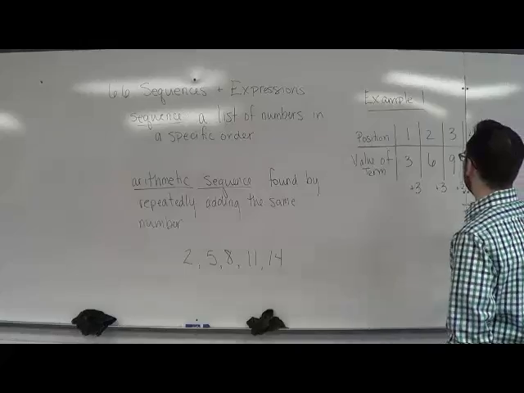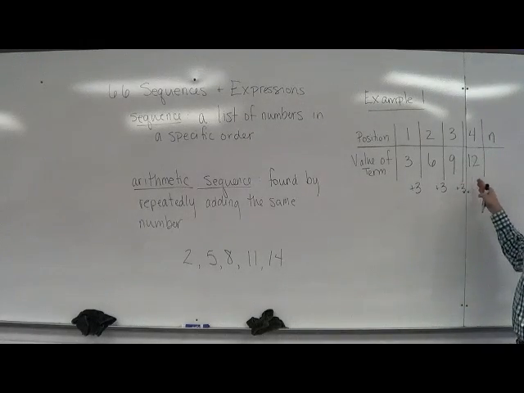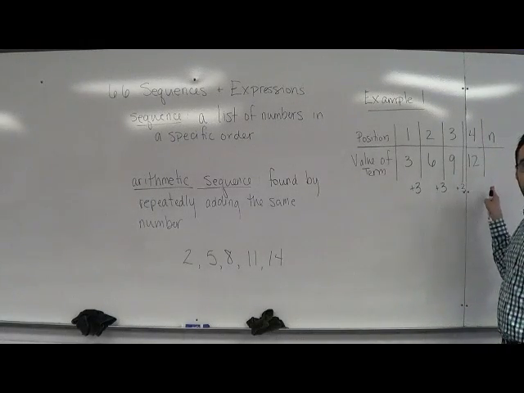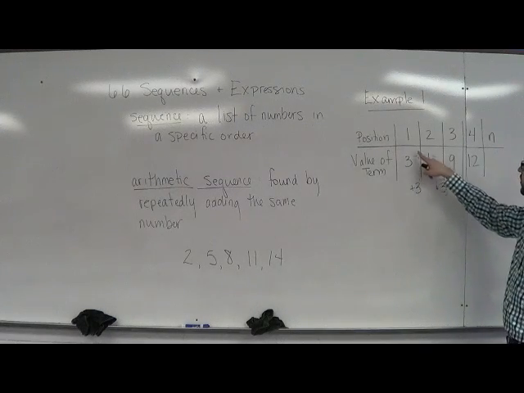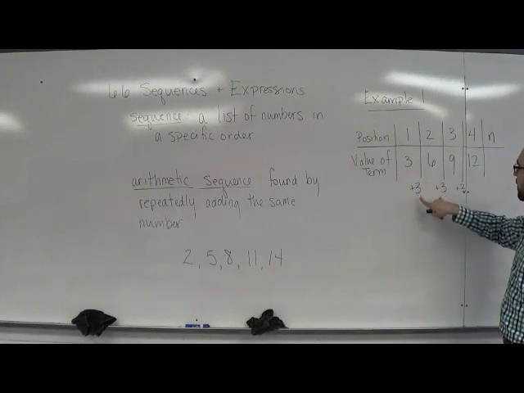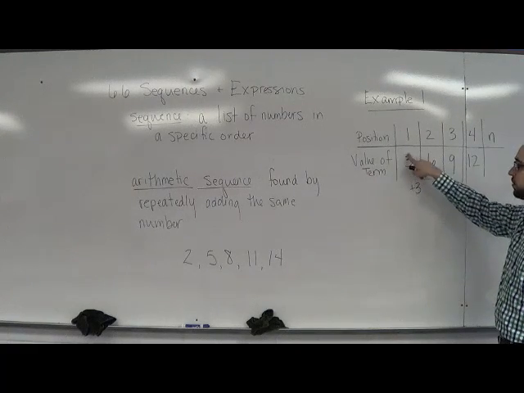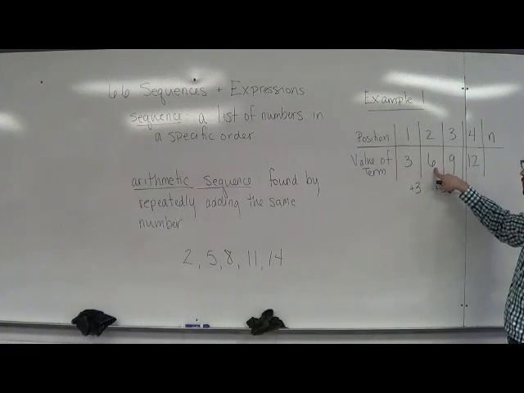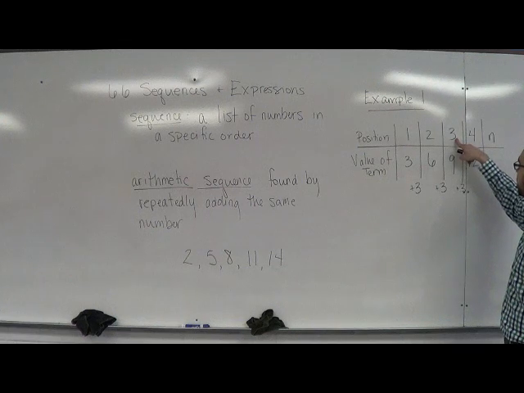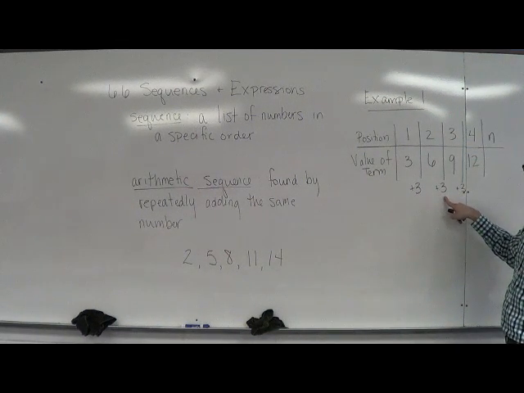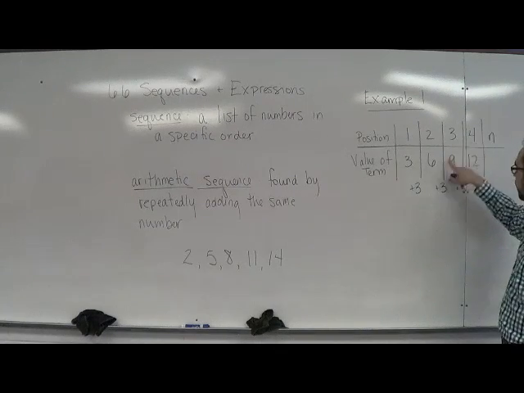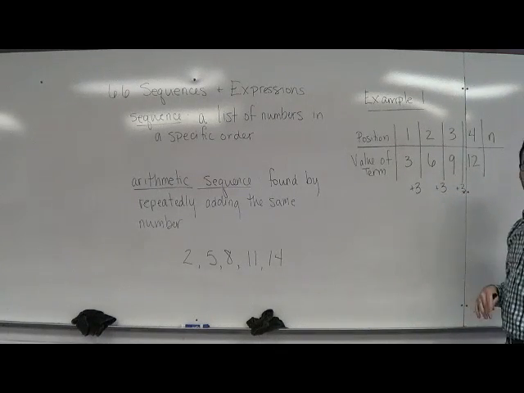So that's our sequence, or that's our pattern that we're noticing here. But how do I actually find these numbers? Notice, if I'm in position 2, how many times have I added 3? Well, I started with the 3 and I added another 3, so I have 2 3s. If I'm in position 3, how many 3s do I have? The first, and then I added 2 more, so that's 3 3s. Position 4, 4 3s. So what am I doing?